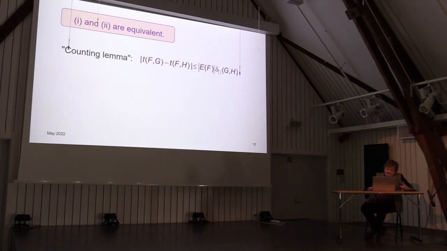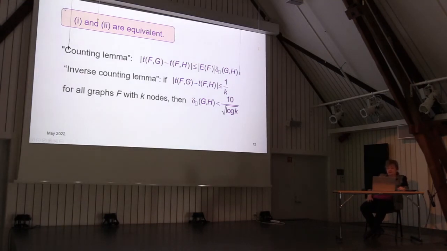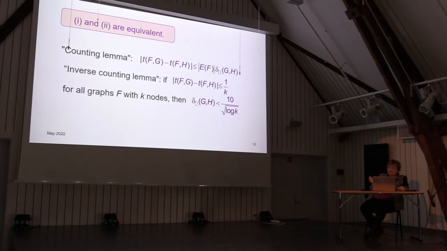Now, with this we can prove the convergence, and the so-called inverse counting lemma is that the cut distance, the density distance of two graphs G and H is less than or equal to 1 per k, where F has at most k nodes.